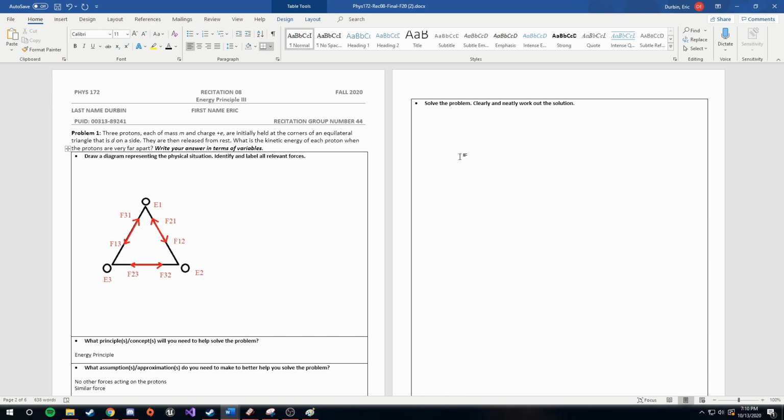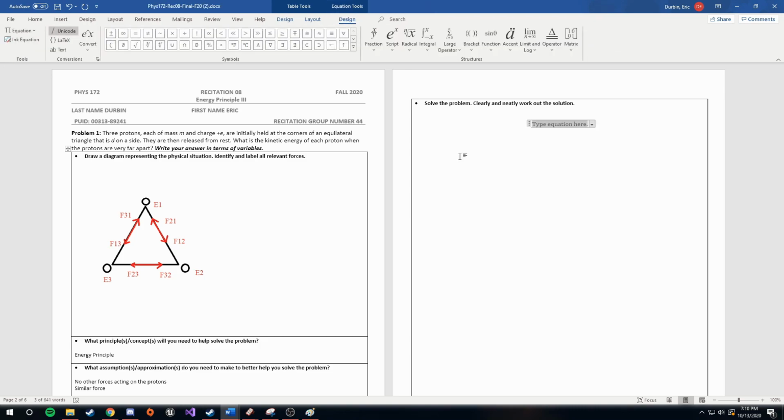Okay, so we know that kinetic energy, we'll just put K plus the change in potential energy is going to be equal to 0.